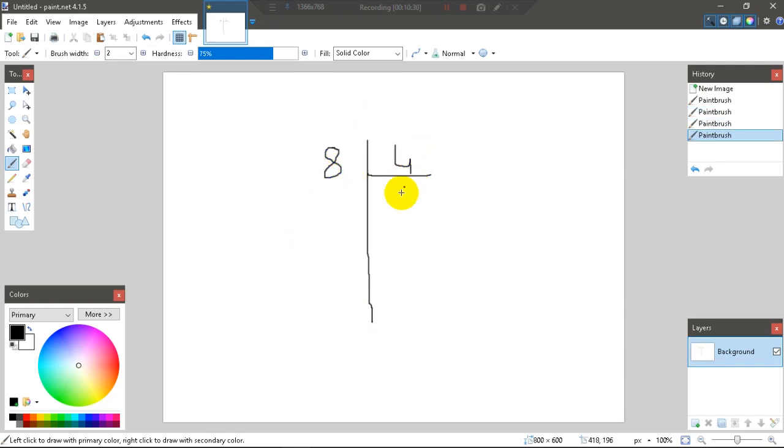So 8 by 4 is going to give us a quotient of 2, as we all know. Sorry for my freaking drawing, I'm writing just with the mouse, not a touchpad or something. And this is going to give us a remainder of 0, because 8 by 4 gives exactly 2. There's no remainder.